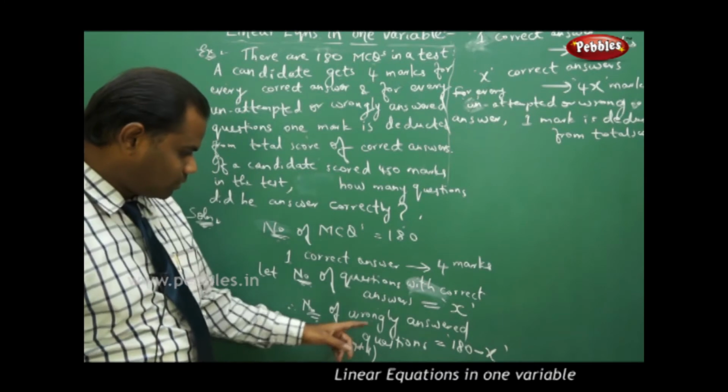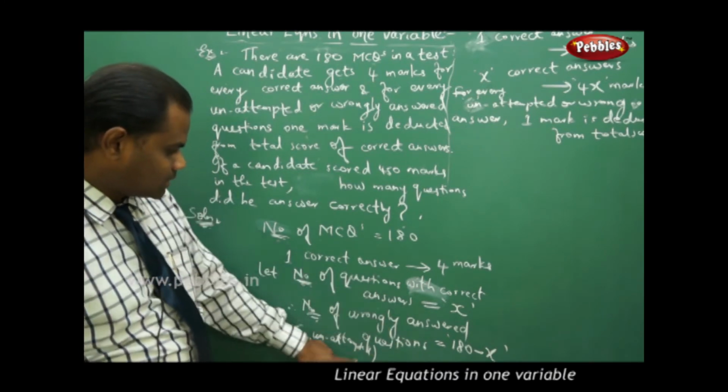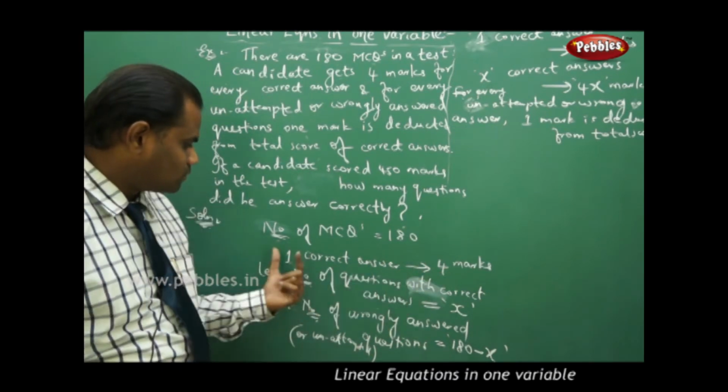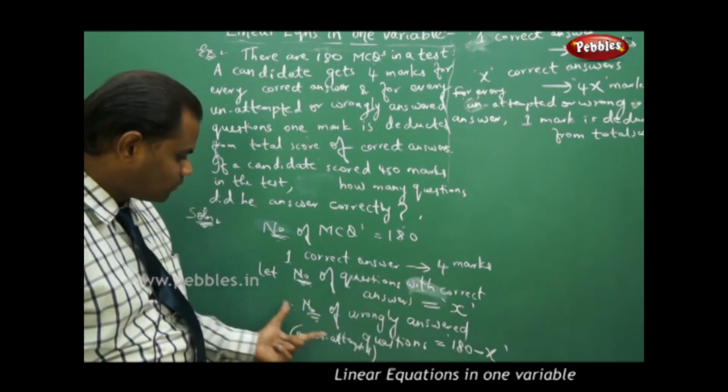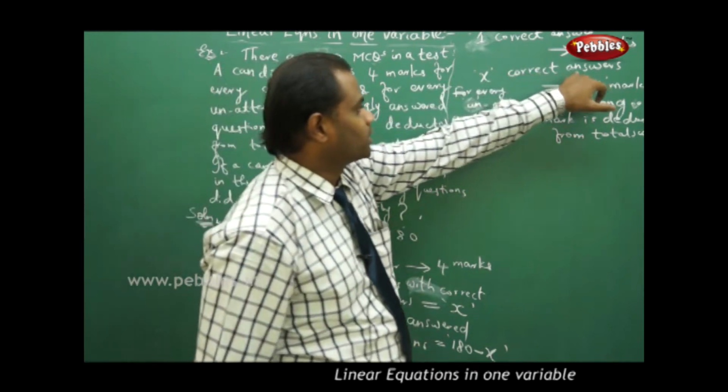Now I have taken the number of correct answers as x, where one correct answer is 4 marks. So totally the number of marks which the student gets is 4x marks.